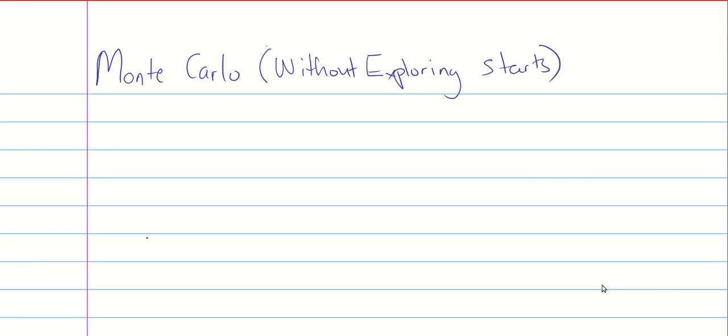The assumption of exploring starts is that every time we generate a new episode, every state and action pair has a probability greater than 0 of being encountered when we start. In this lecture, we're going to remove this assumption of exploring starts. If you need detailed information on what it is, please visit the previous lecture. We went through it, so I'm not going to go through it again in this video.